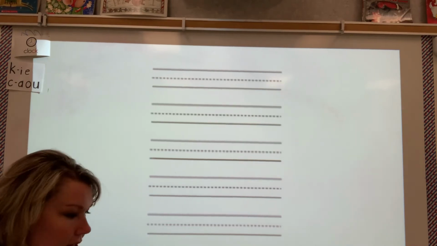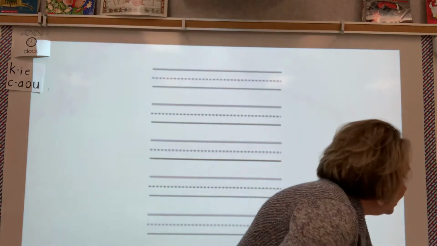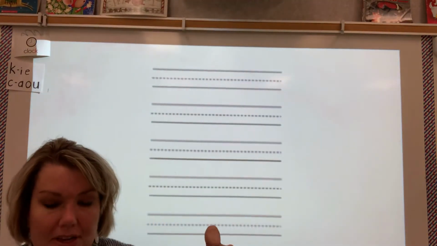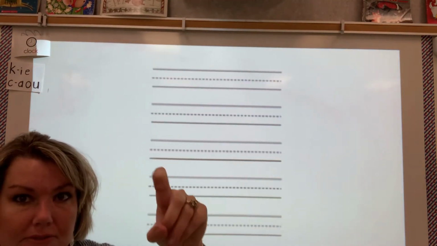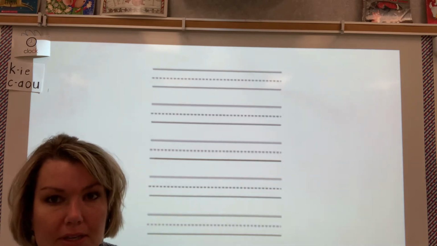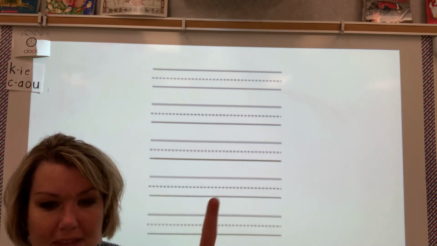Now we are going to practice writing or drawing the k sound. You are going to take your handy dandy pointer finger, where are you? Here I am, how do you do? So you are going to point as we draw the k sound. And there's a trick to this. The k sound is a tall letter.